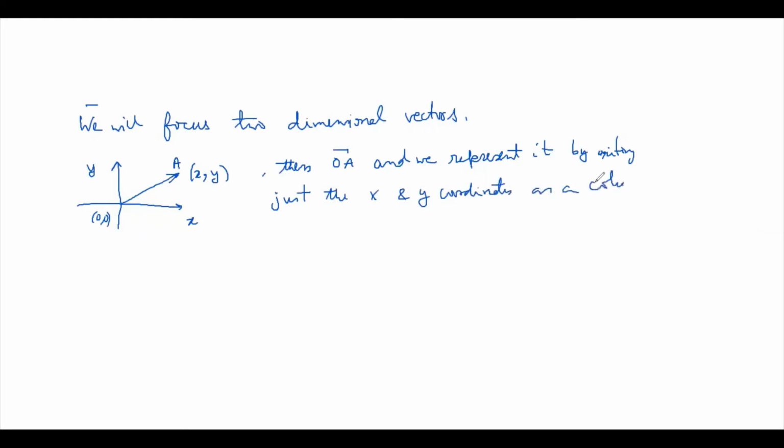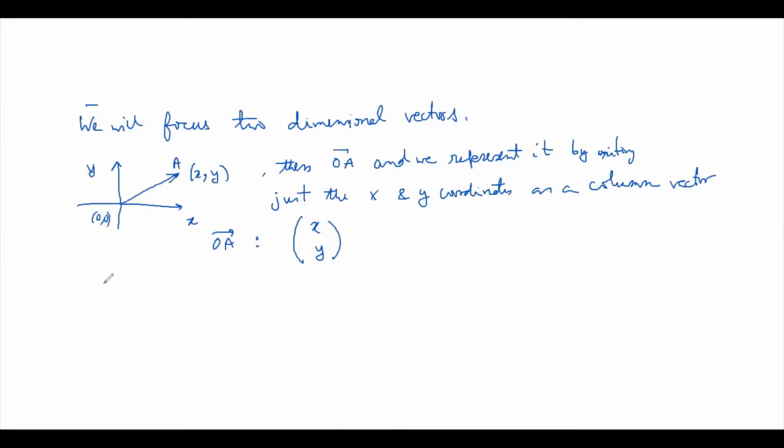So this is the definition of a column vector. Basically, you just write it like this. So this is your vector. So the vector OA is represented by a column like this with X as the X coordinate of the point A and Y as the Y coordinate of the same point.